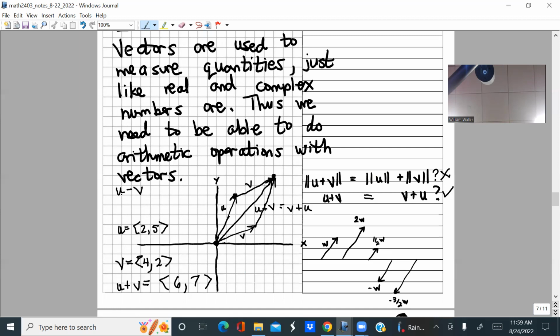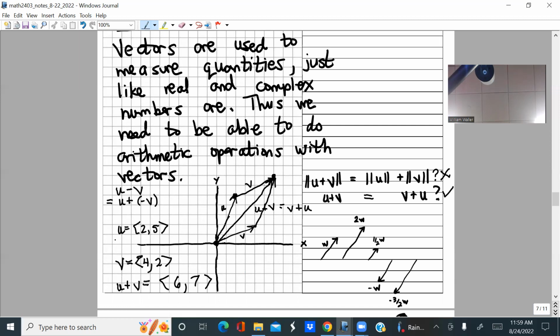But now let's see what a diagram of subtracting u and v looks like. Remember, you're thinking of u minus v as being the same as u plus the negative of v. So when we subtract two vectors, we are adding two vectors together, except we're adding the negative of the second vector.